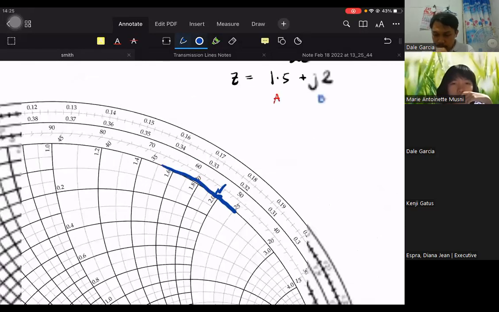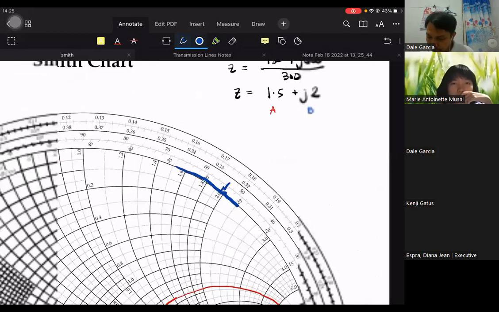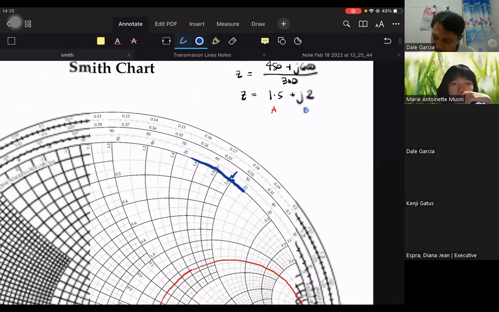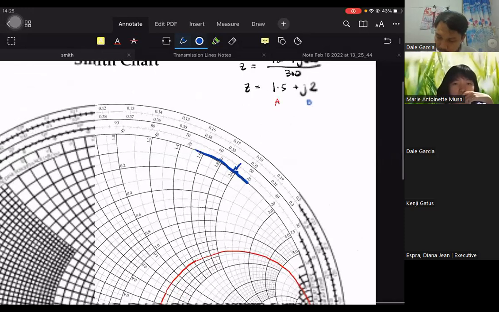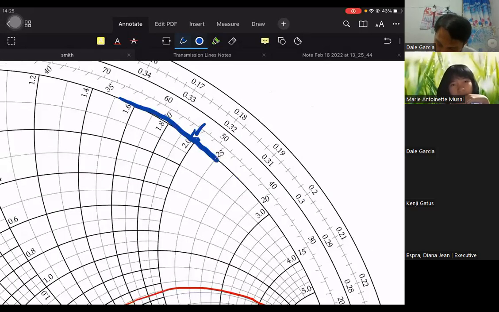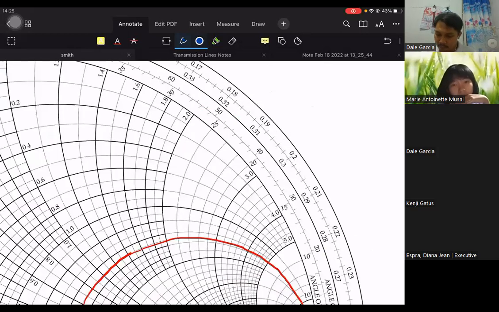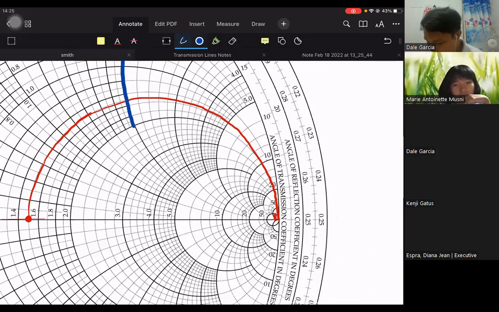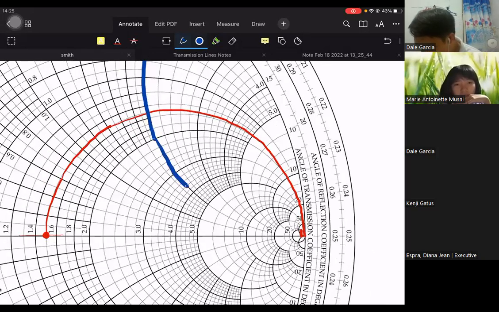Atong i-zoom out. So tungod kay mao na ang 2, atong i-draw ang curve. Diba? Extend lang na to padulong gid sa kuan. So far, so good.